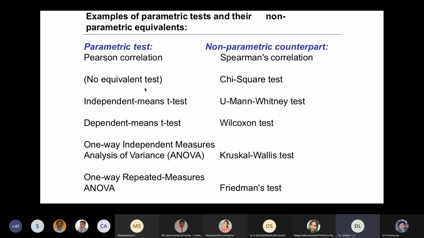The chi-square test checks the association between two qualitative variables. Two qualitative variables are nothing but categorical variables. You can understand the difference between categorical and measurement. Sometimes people ask, sir, does a Likert scale come under scale? Yes, a Likert scale comes under measurement. Why?